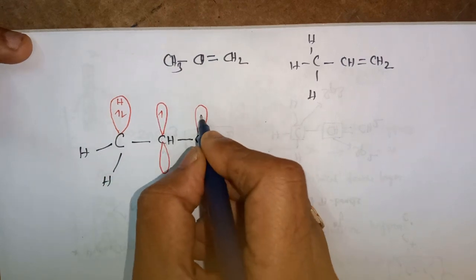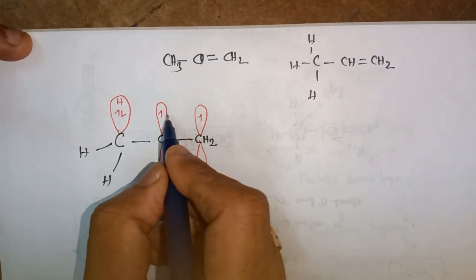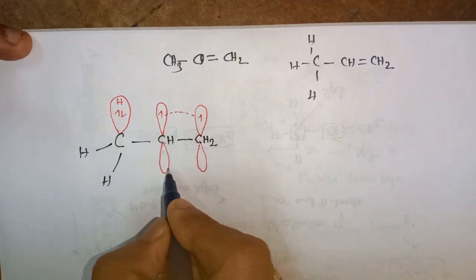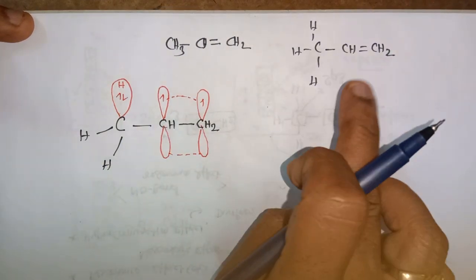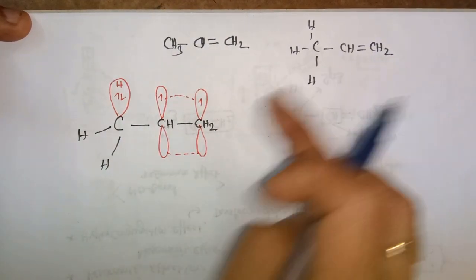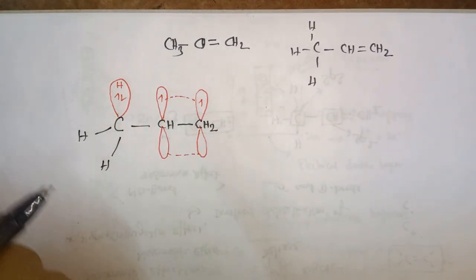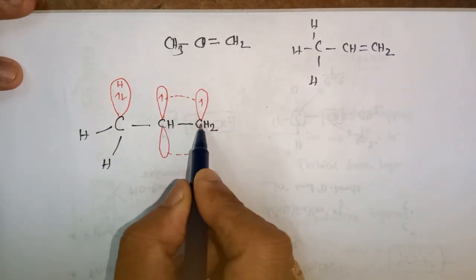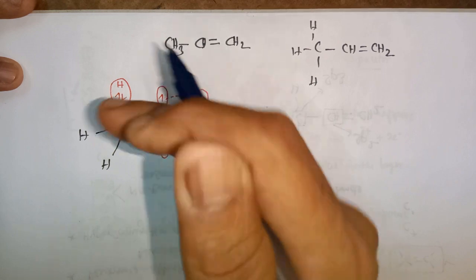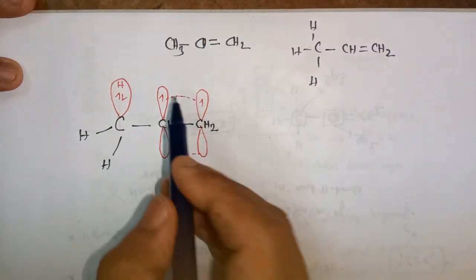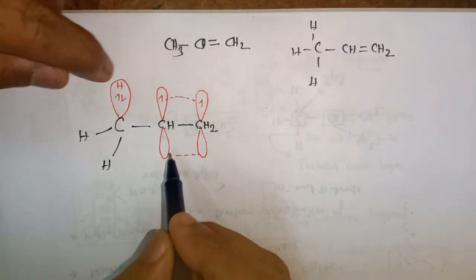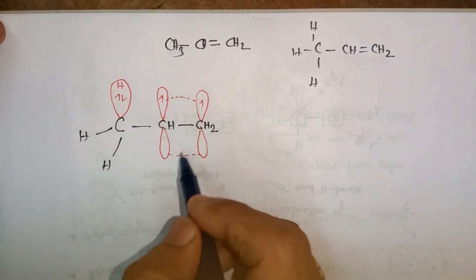Here it has 1 electron, and this one is for the pi bond formation. This one is similar to this one, both are the same. This is called the nuclear axis. Above and below the nuclear axis, electron density is higher.